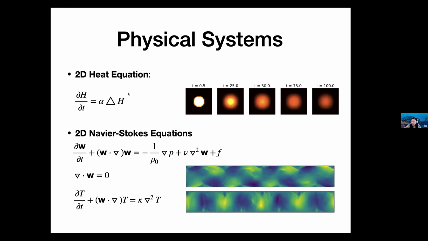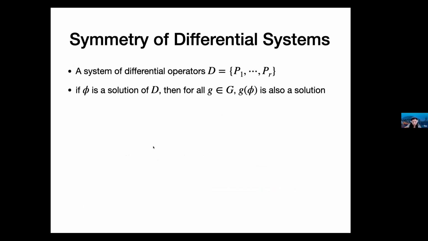For these 2 sets of differential equations, we can look at their own symmetry. By definition, a symmetry of a differential system is this: if phi is a solution of the differential system D, then for all group transformations G, the transformed solution G of phi is also a solution.